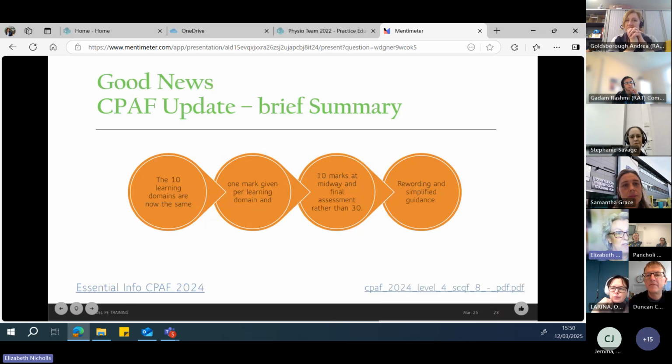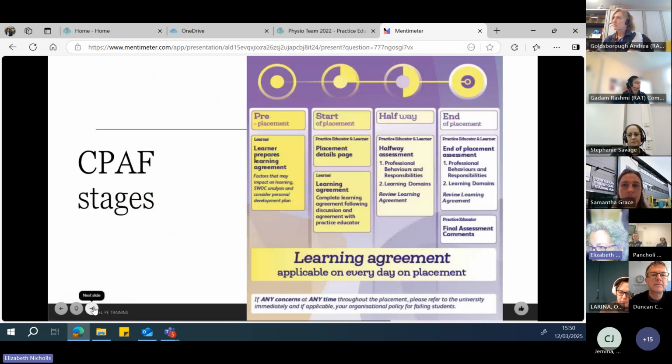So we feel it would disadvantage them to not allocate marks on the placements, because it really helps towards their final degree marks. But we are about to go into revalidation of both of our courses. So you may well find that we're coming to you for your feedback on how we structure the whole practice education system, to help make sure that we are still current with that. Right, moving on.